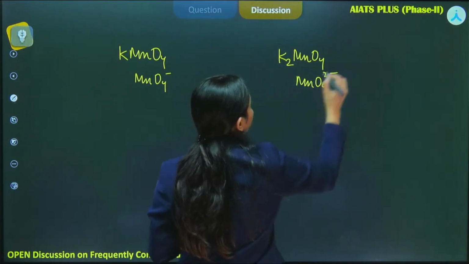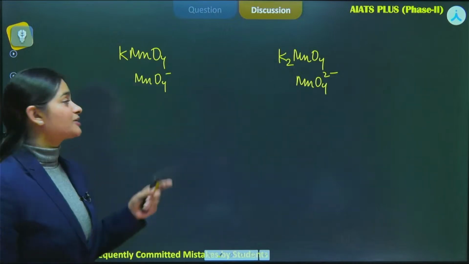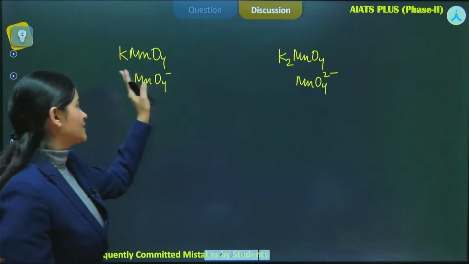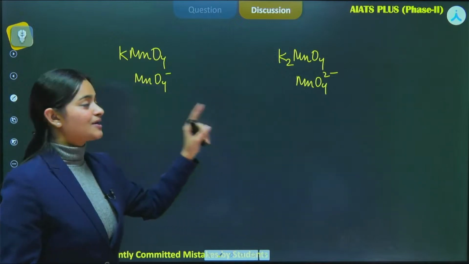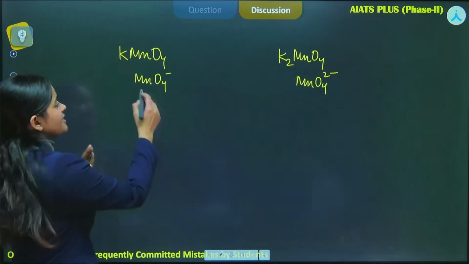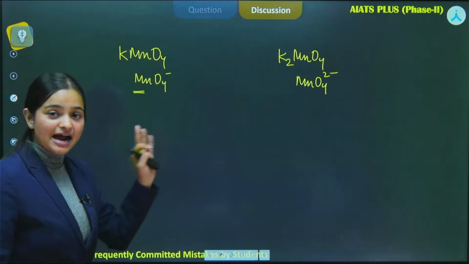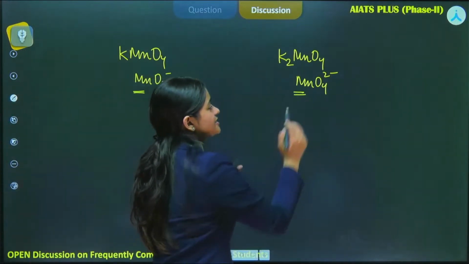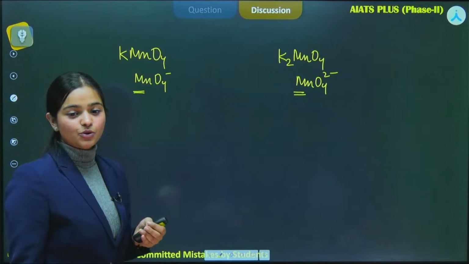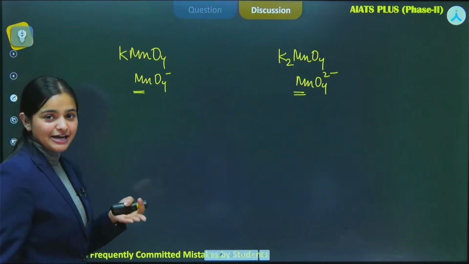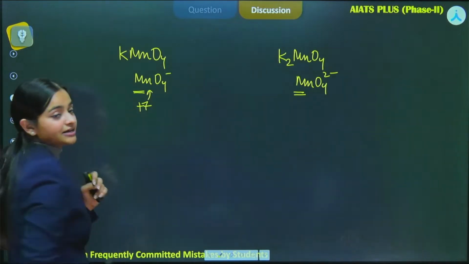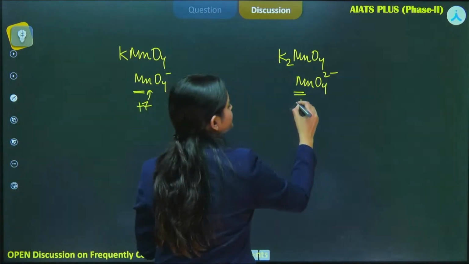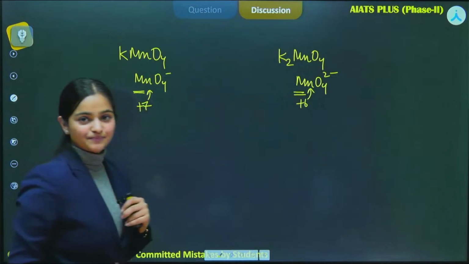MnO4 2- ion. Be quick and comment down the oxidation state of manganese in the permanganate ion and the oxidation state of manganese in the manganate ion. Okay, I will tell you that it is +7 here and here it is +6.